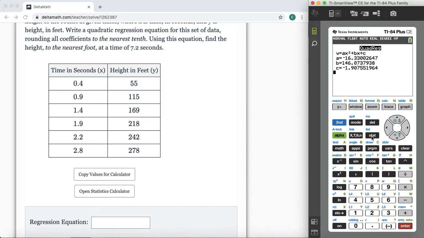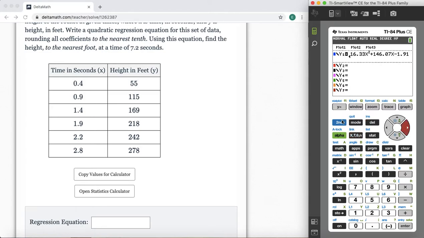And then minus 1.9. We'll round that to 1.91 because that's a 7, so it's closer to up. Round up. So negative 1.91. Now I forgot to put an x value here, because that's my bx term, and then minus 1.91.